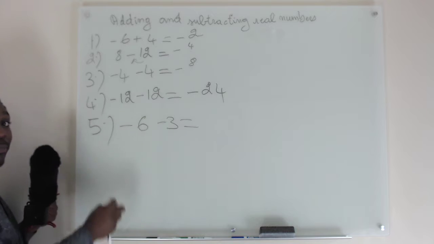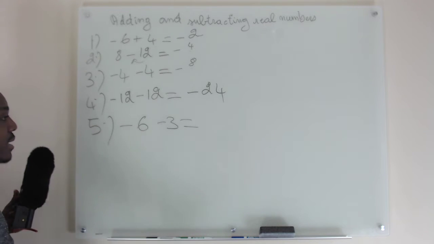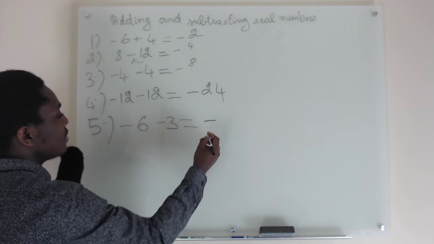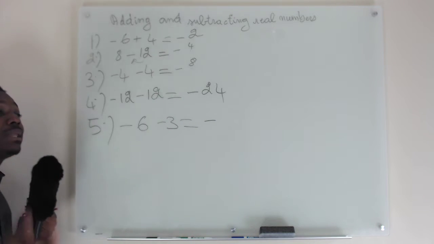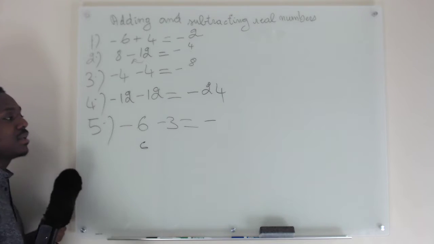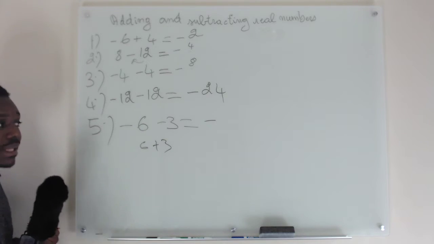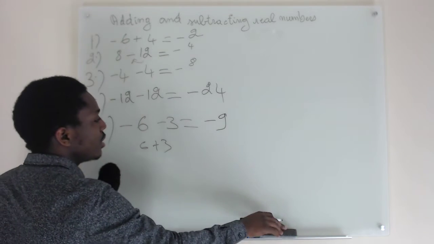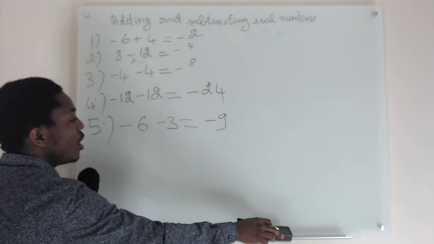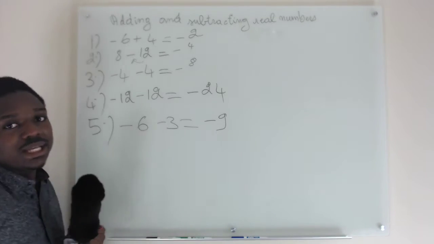These two numbers have the same sign, so you keep their sign. Their sign is what? Negative. Then, after you keep their sign, you add the numbers. The first number is 6 and the second number is 3. What is 6 plus 3? 9. So you put 9 here. The answer of -6 minus 3 is equal to -9.